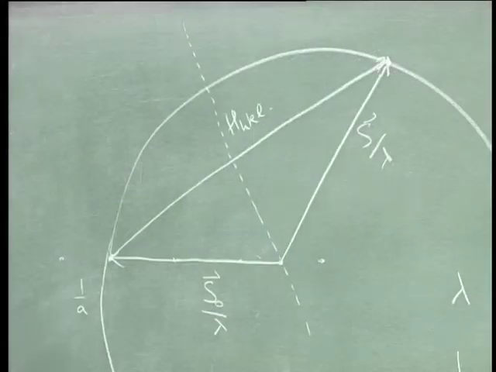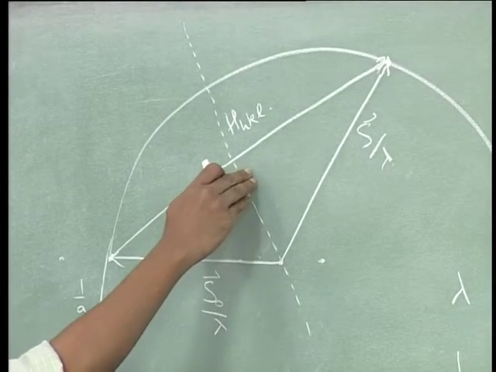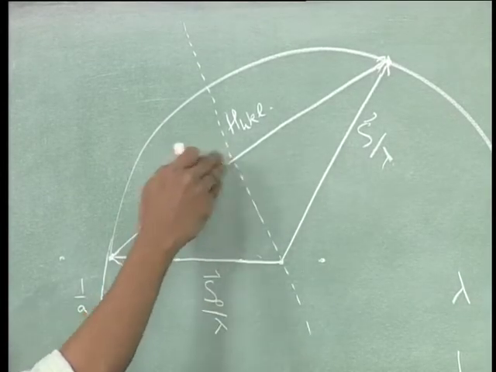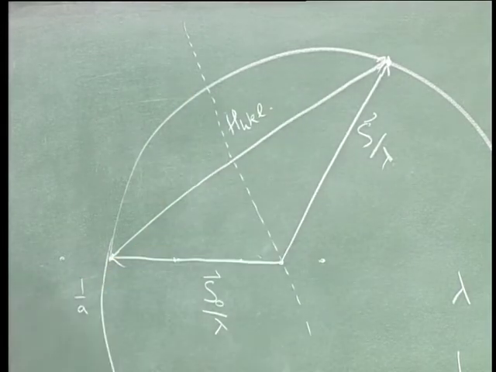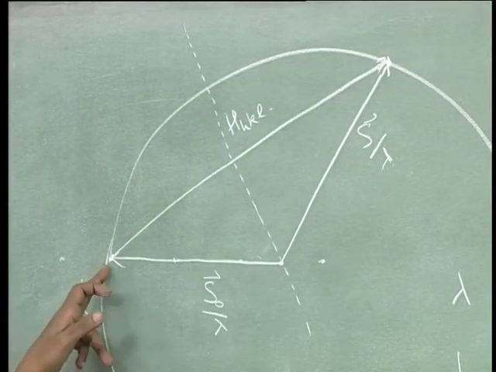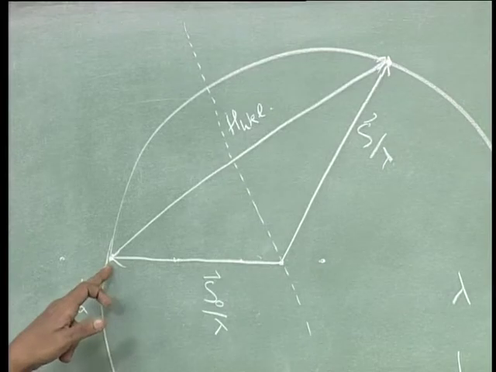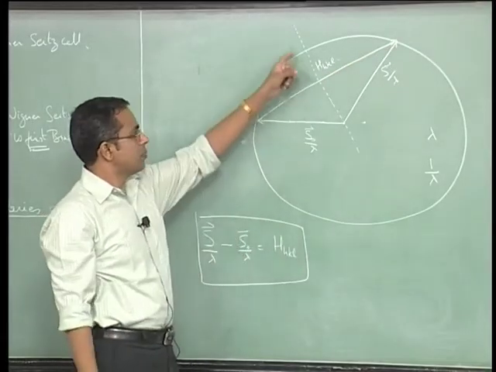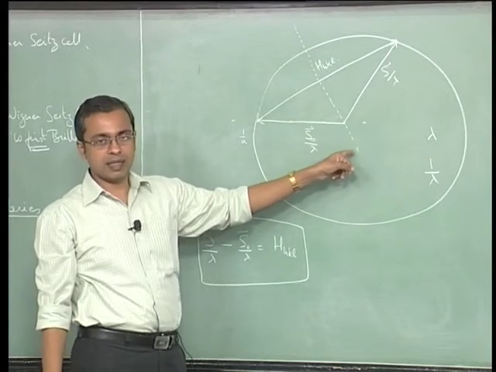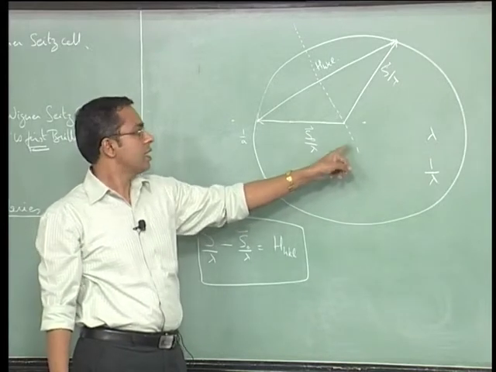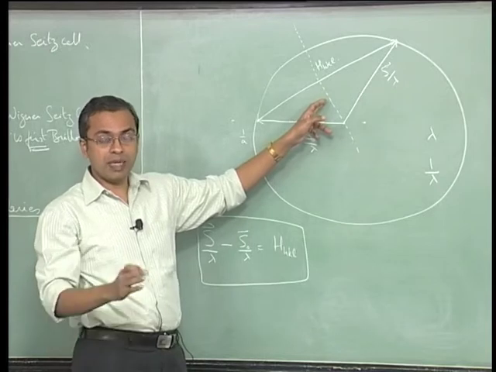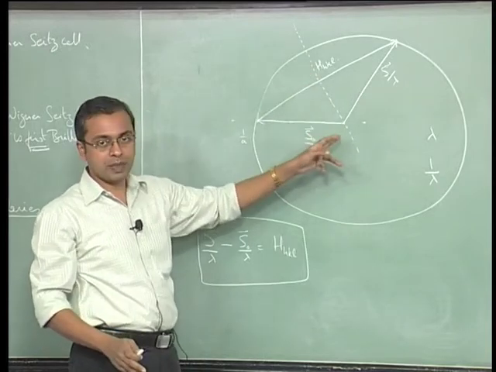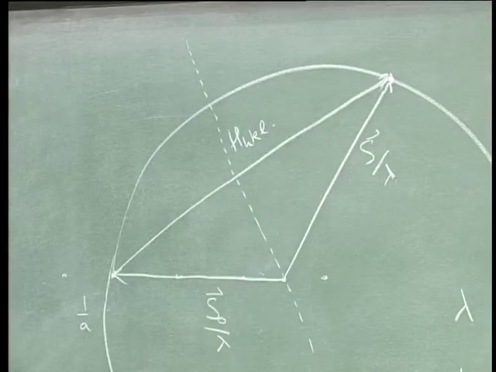So what have we got here? This perpendicular bisector is actually the perpendicular bisector of a valid reciprocal lattice vector. The origin is this, so the origin is fixed, and this is some valid reciprocal lattice vector HKL. I have just drawn the perpendicular bisector to that vector, and therefore by our definition this perpendicular bisector is a Bragg plane.